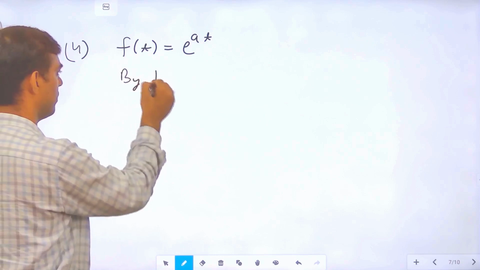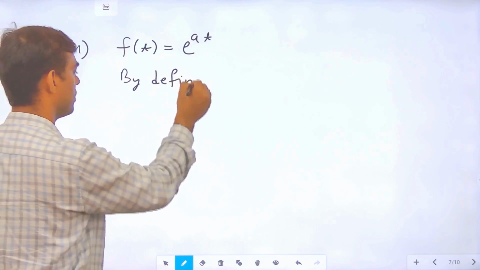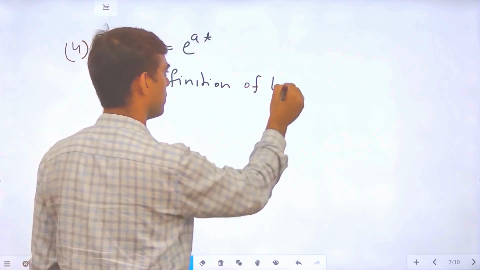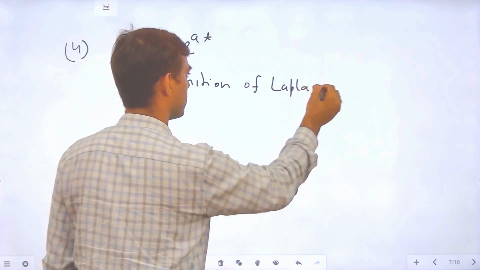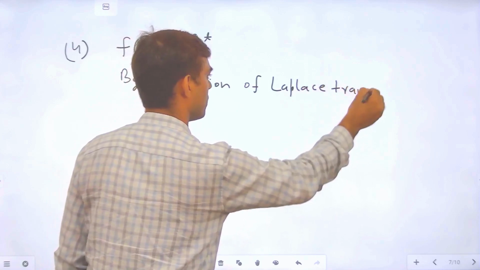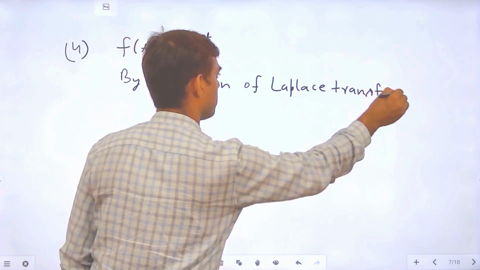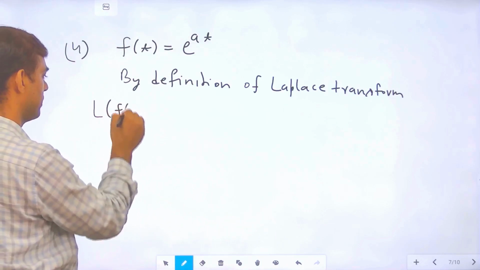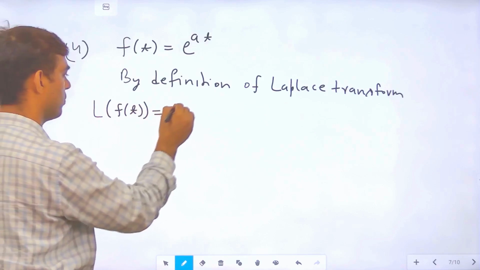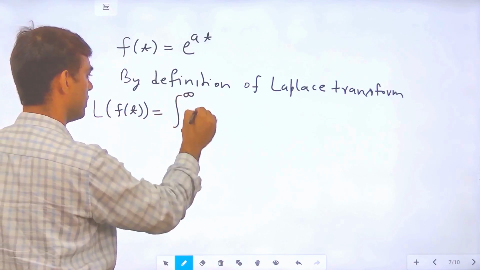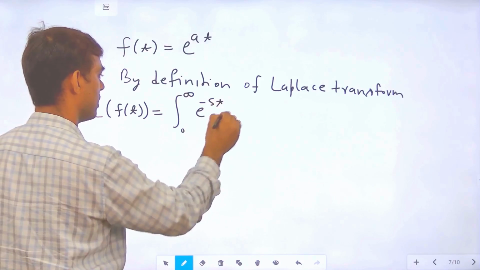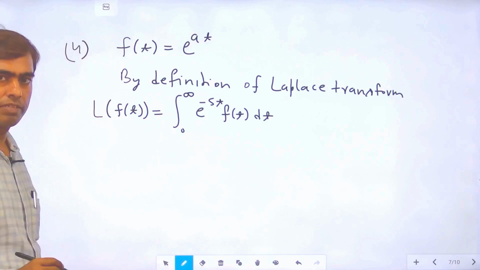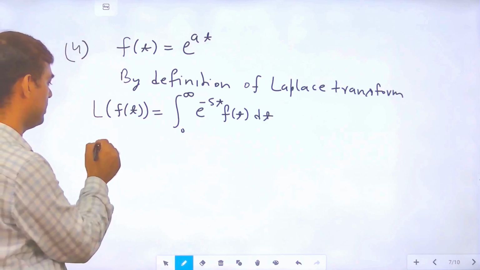By the definition of the Laplace transform, the Laplace transform of f(t) equals the integral from 0 to infinity of e to the power minus st f(t) dt. In place of f(t) we write e to the power at.